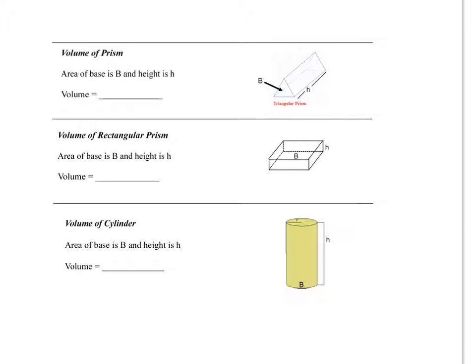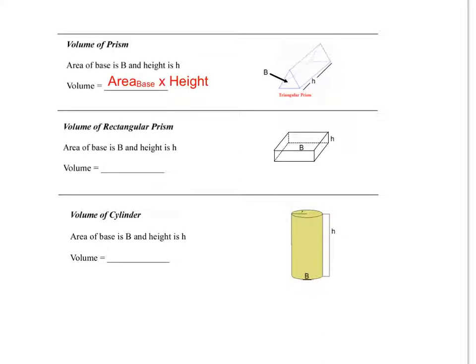The volume of this prism, watch this. The volume of this prism is area of the base times the height. So here's my base, the area of that triangle, times my height. That's my volume.